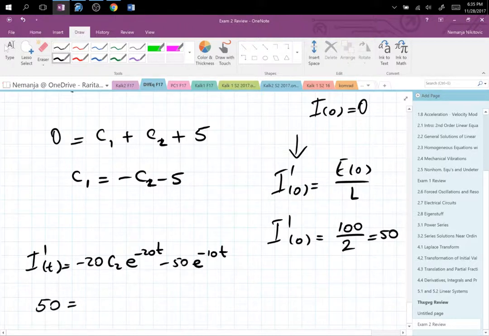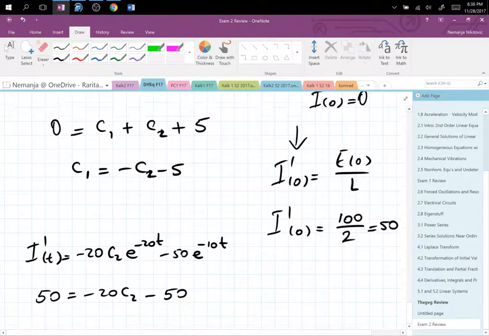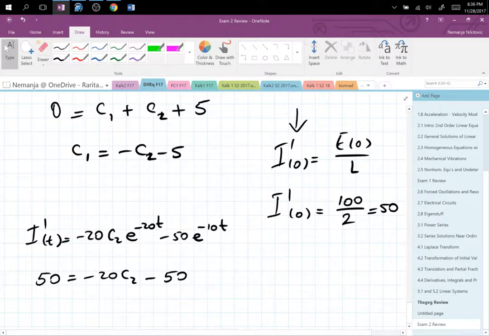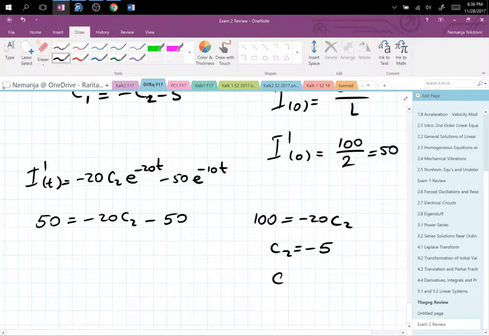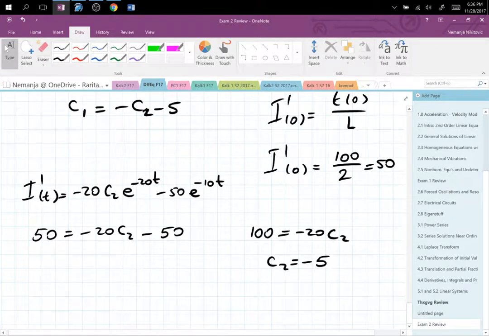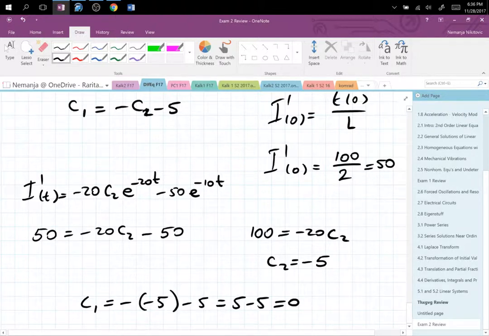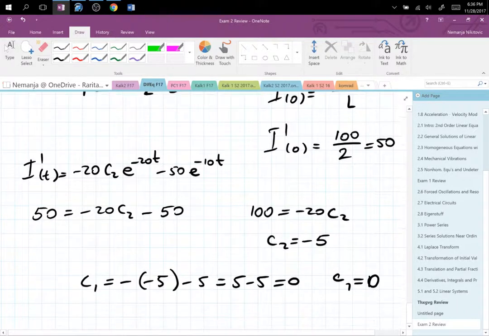So 50 is equal to negative 20 C2 minus 50, and then negative 50 goes to the other side, becomes 100, equal to negative 20 C2. So C2 is negative 5, right? Then C1 is negative negative 5 minus 5, which is 0.